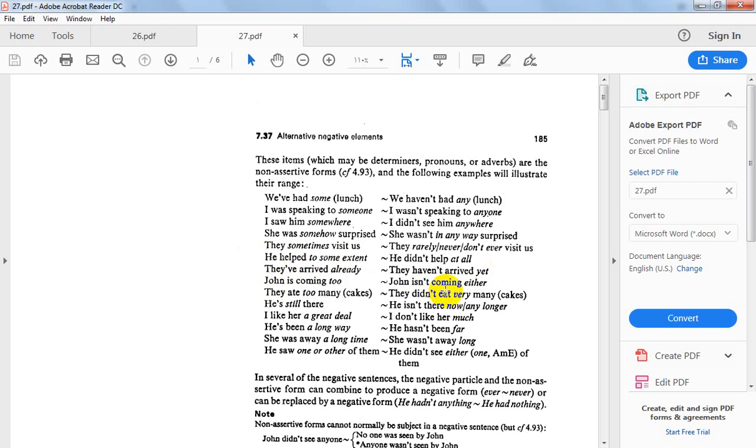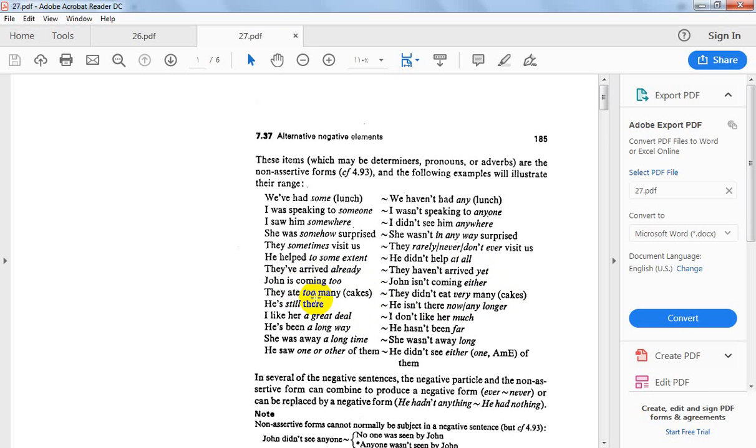John is not coming either. هذه too حتصير لازم either. They ate too many cakes. They didn't eat very many cakes. يعني too at the end of the sentence becomes either.